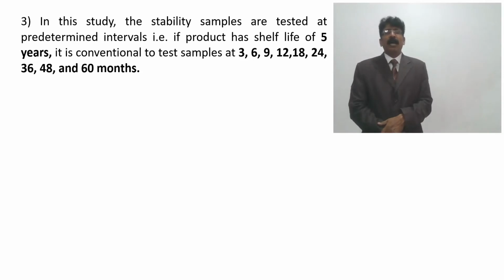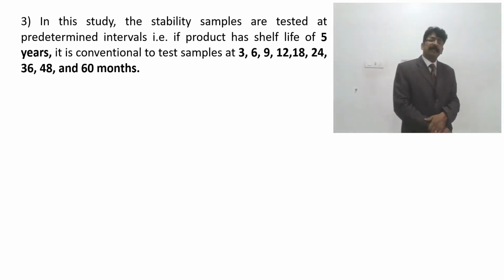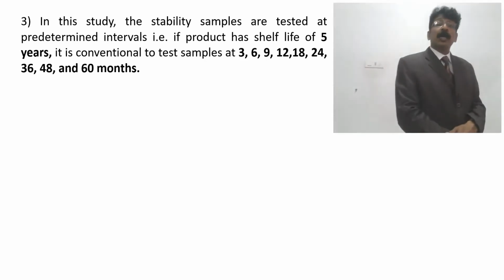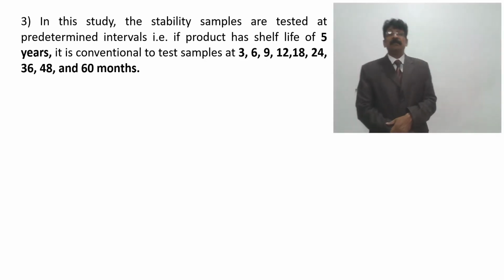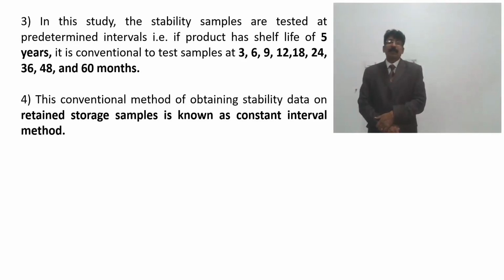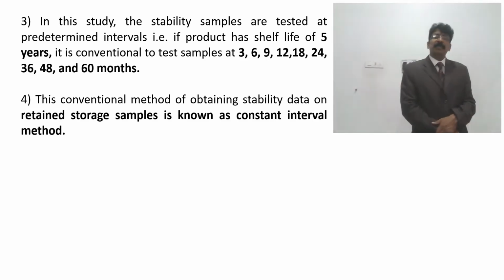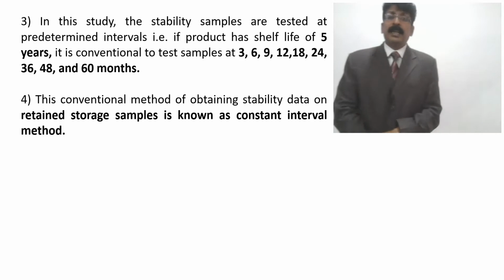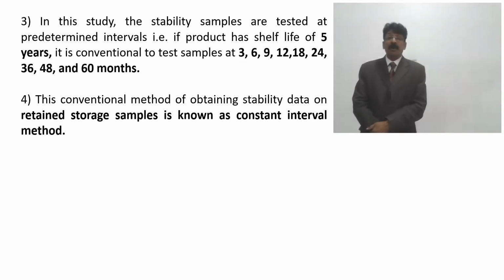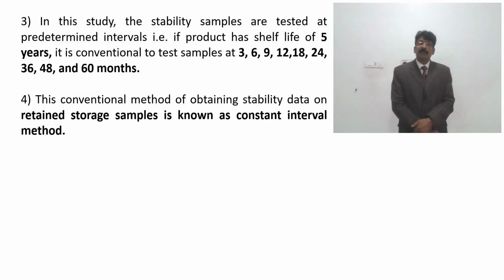at intervals of 3 months, 6 months, 9 months, 12 months, 18, 24, 36, 48 and 60 months for this stability study. This conventional method of obtaining stability data on the retained storage sample is known as the constant interval method.